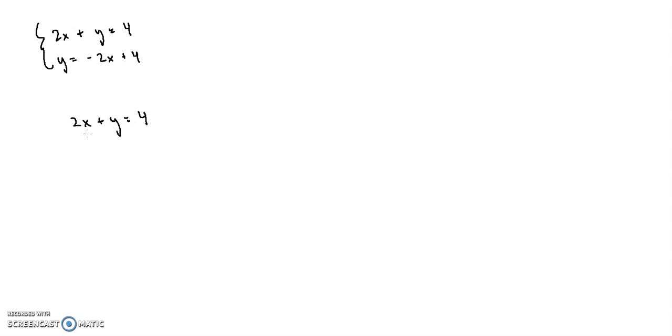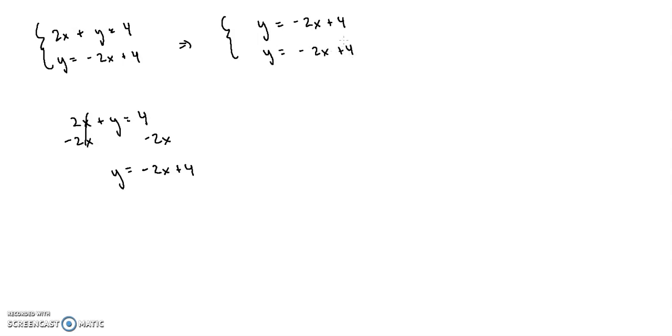So we want to get the y by itself, so we're going to move the 2x. We do the opposite, which is minus 2x. Okay, so we get that in slope-intercept form, and we can rewrite our system as y equals negative 2x plus 4, and the second one's already done, y equals negative 2x plus 4.